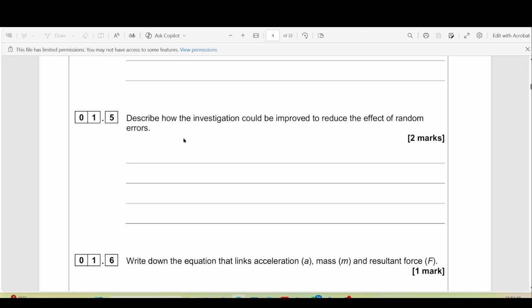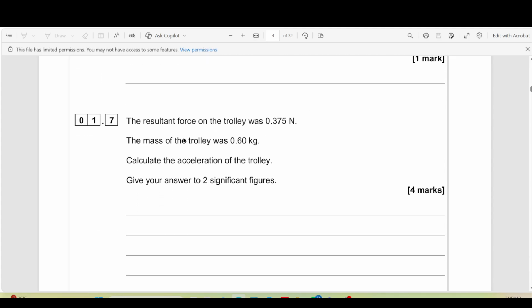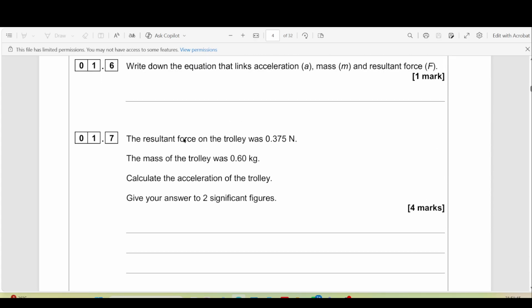Write down the equation which links acceleration, mass, and force.